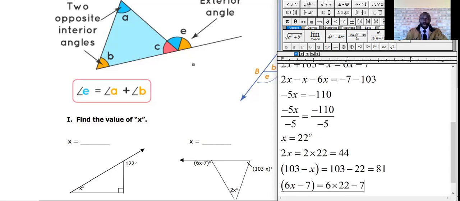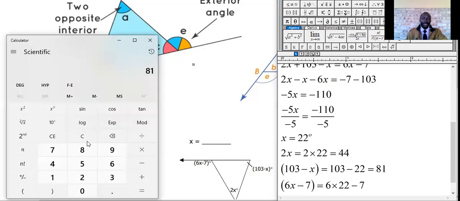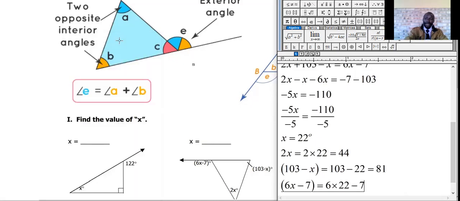Well, what are we going to get for that? Let's check with our calculator here. 6 times 22, then from it we take away 7, we get 125. Yes, so that's what we get, 125, like that.